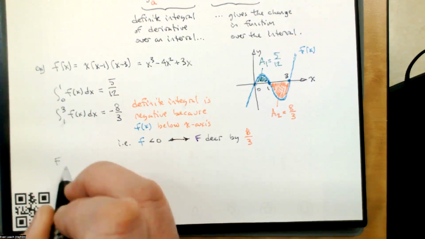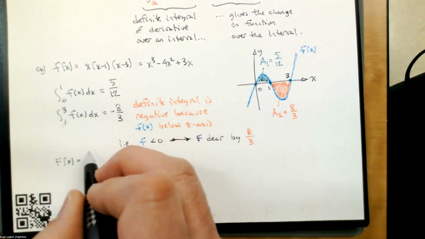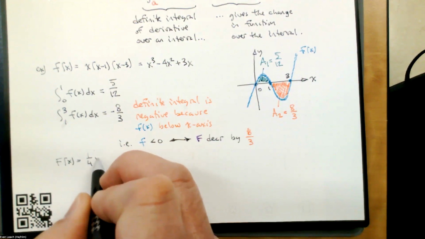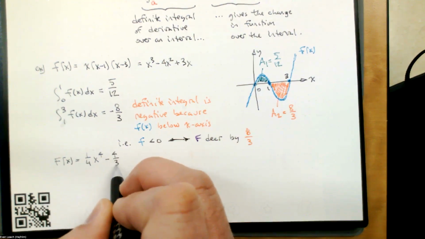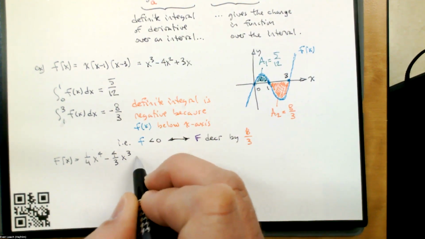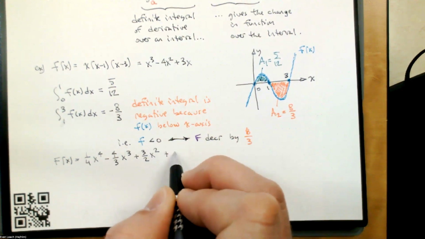Capital F will be 1/4 x to the fourth minus 4/3 x to the third plus 3/2 x squared plus some constants.